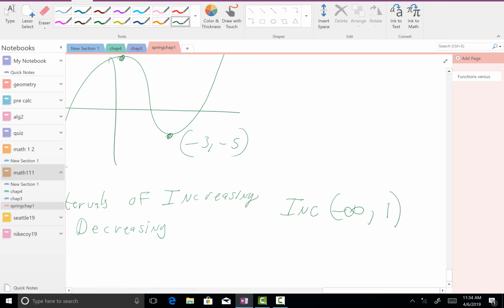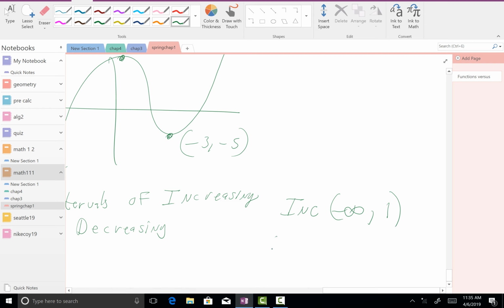Okay? Now, I'm using interval notation with parentheses rather than brackets because at 1, it's neither increasing nor decreasing. If you think about it, it's going to hit right there at the top, and it's really not doing anything. It's just at that very instant, it's just sitting there, okay?